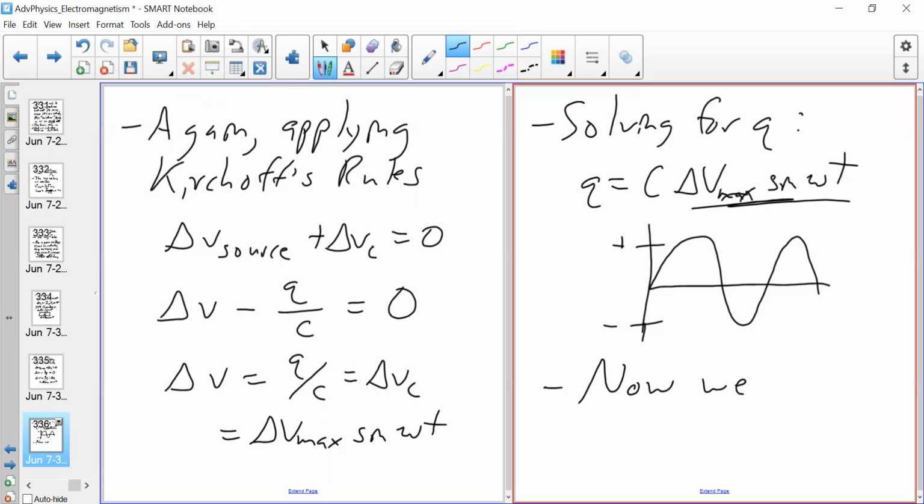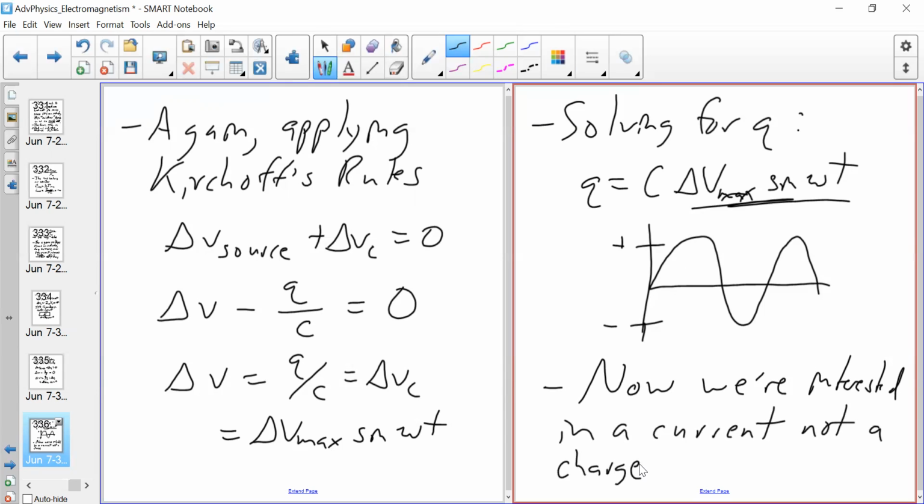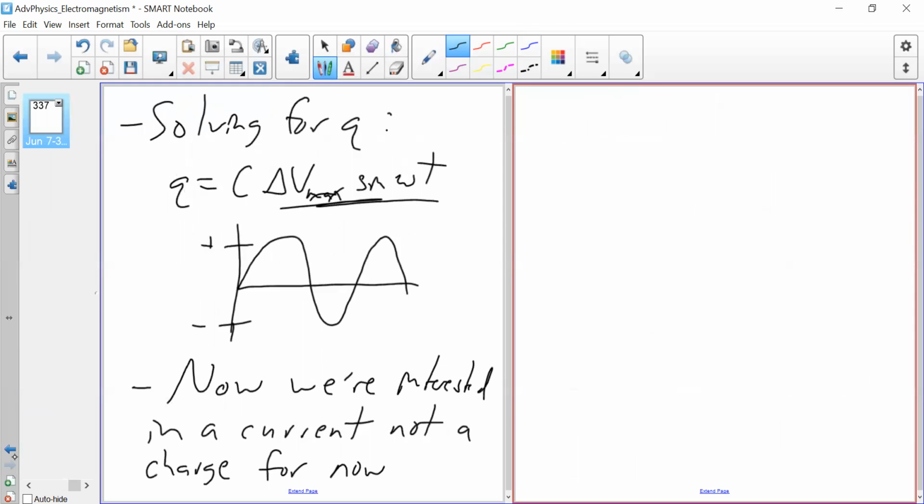Now, we're interested in a current, not charge. We dealt with charges already in RC circuits, like in chapter 28. For now, we've got to differentiate charge with respect to time, dq dt.